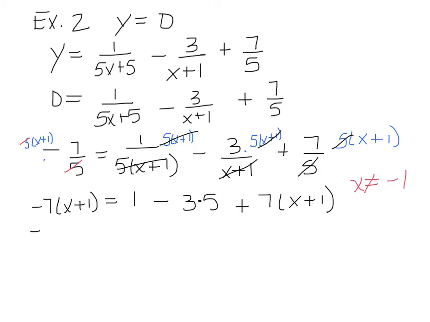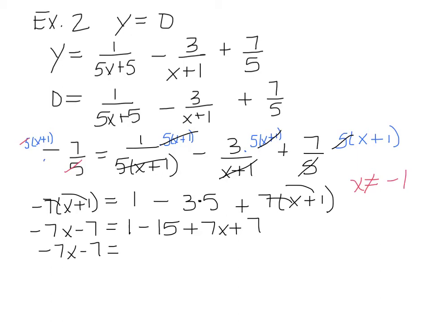So I'm going to distribute the negative 7, make this 15, and I'm going to distribute the 7. And then I'll just combine like terms. So I get 1 minus 15 is negative 14, plus 7 is negative 7. Add 7, I'm going to get 0 equals 0.